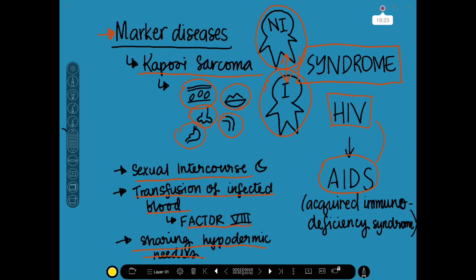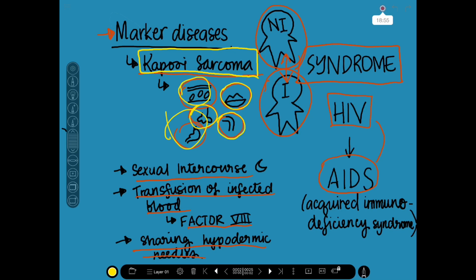Several infections are so rare that they are marker diseases for the latter stages of HIV infection. One of the diseases that you can catch in the latter stages is Kaposi sarcoma, which is a cancer that causes patches of abnormal tissue to grow under the skin, in the lining of the mouth, nose, and throat, in lymph nodes, or in other organs.